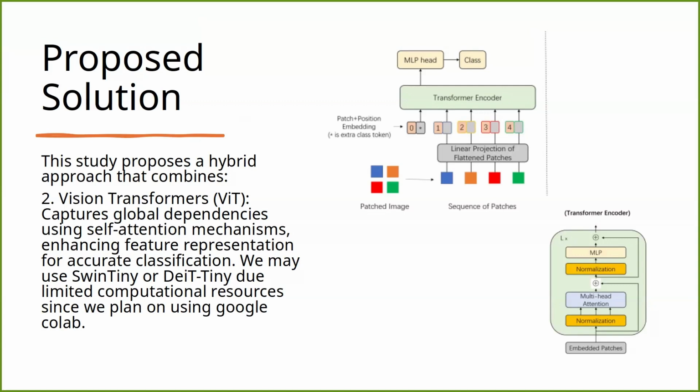The first one is the patched image. The initial step of the vision transformer model reshapes the image into a sequence of 2D patches. This reshaping allows the transformer model to treat an image as a sequence input and leverage the self-attention mechanism to extract relationships between patches.